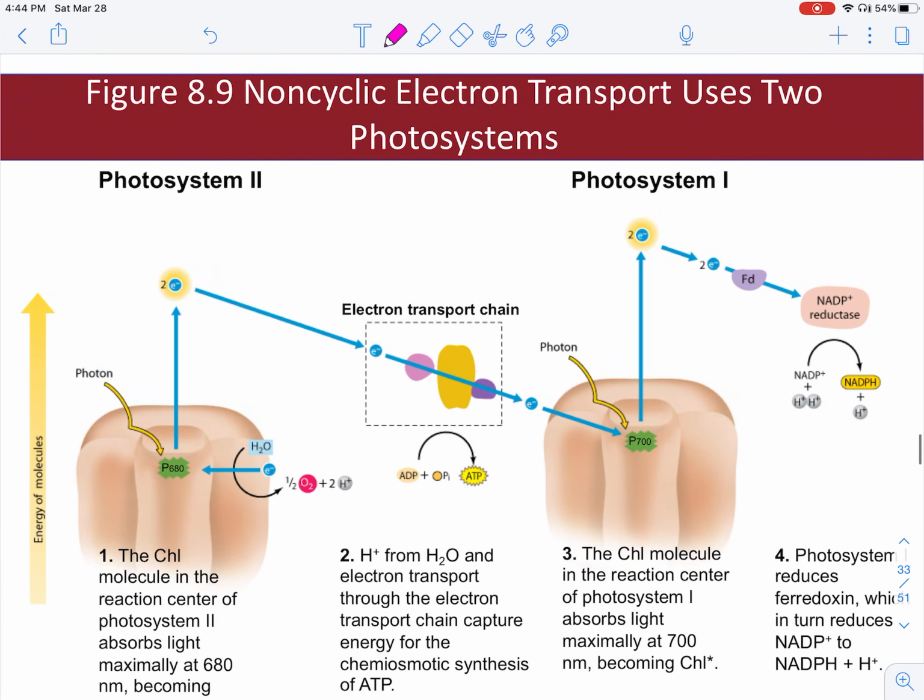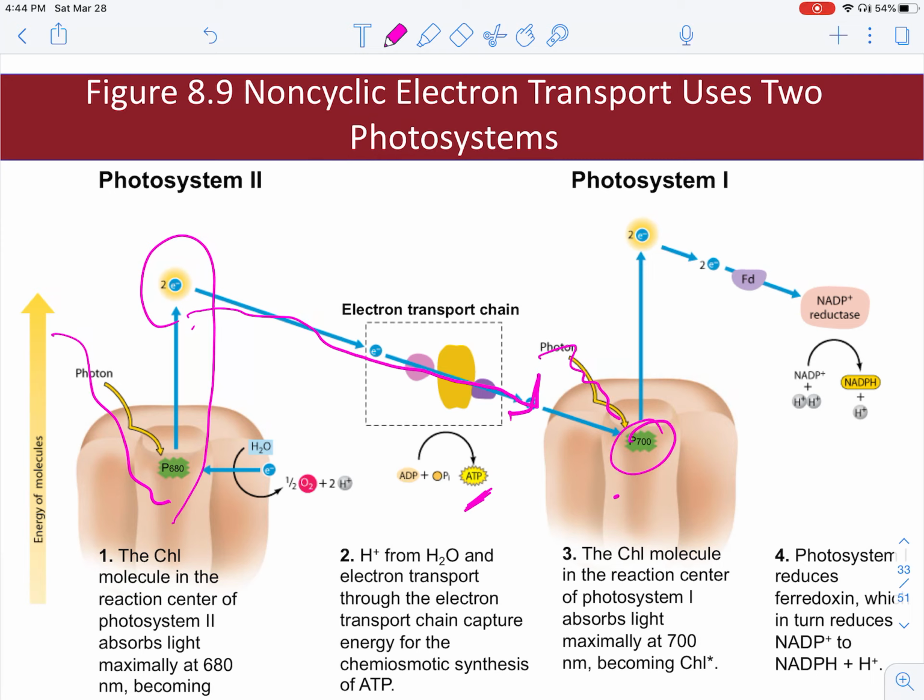And so here's a look at this. This whole thing is called a Z scheme, and you can kind of see it looks like a Z on its side, but this is all what's going on. Sunlight comes in, you activate an electron, that electron shoots off through the electron transport chain. The energy of that electron is used to make ATP. Note that the energy of the electron goes down as it goes through the electron transport chain, and then it hits photosystem 1.